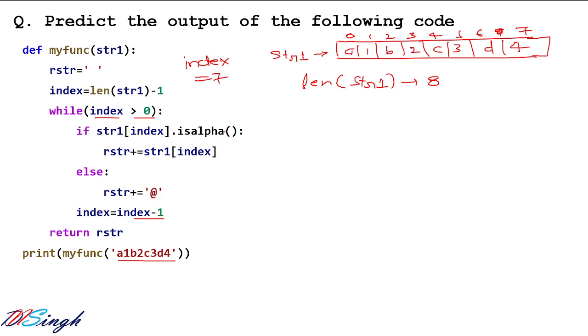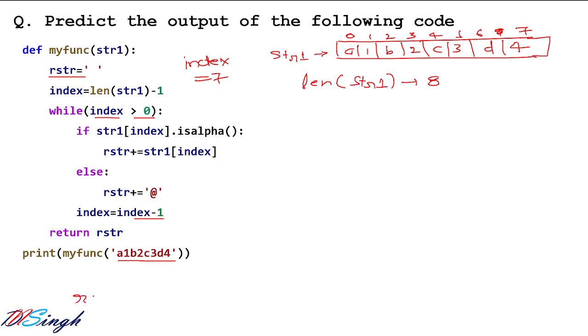isalpha is going to check whether that is a letter or something else. If it is an alphabet or letter, it is going to return true. So whenever there is an alphabet at that index, it is going to concatenate that alphabet into a new string called rstr.